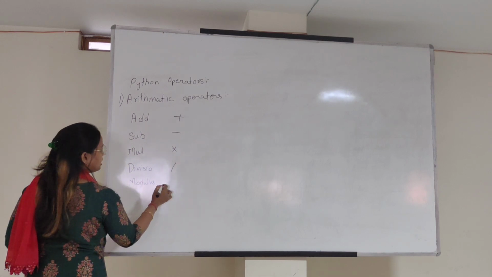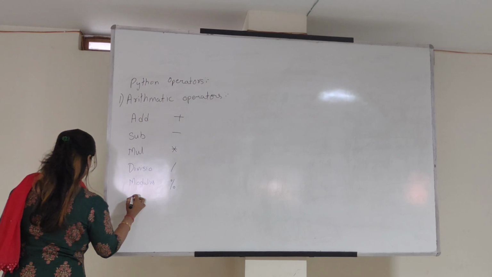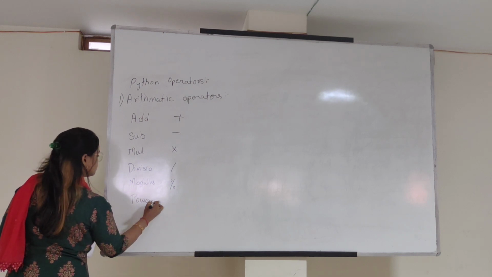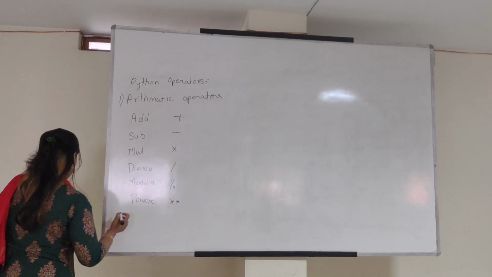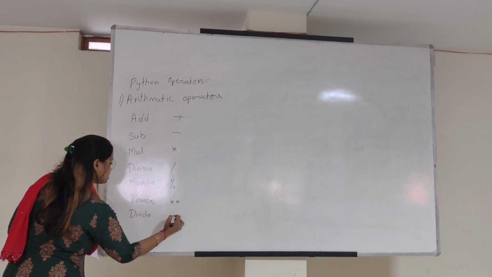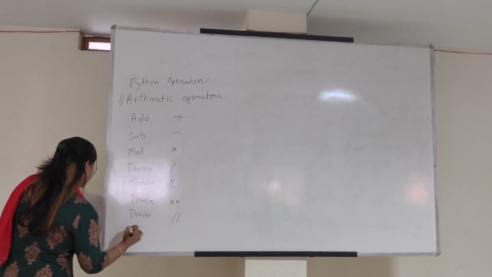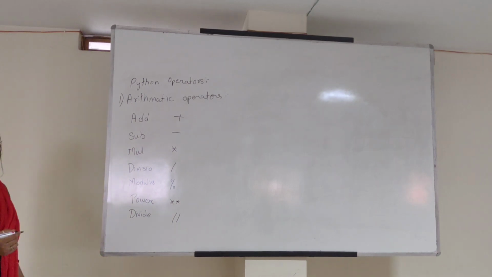The division is single, then the modulus, then power. Power is symbolized with two multiplication signs, then the divide of integer numbers, that is double. These are the operators of arithmetic.